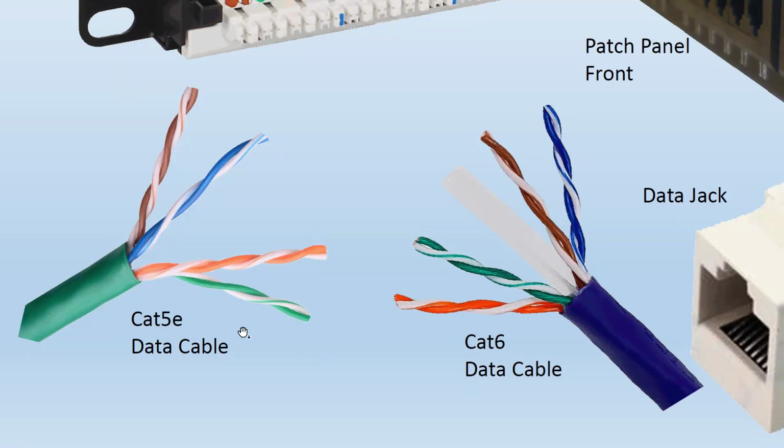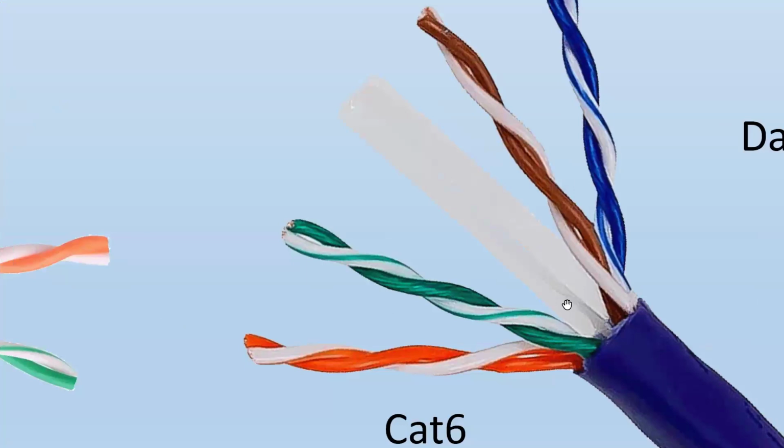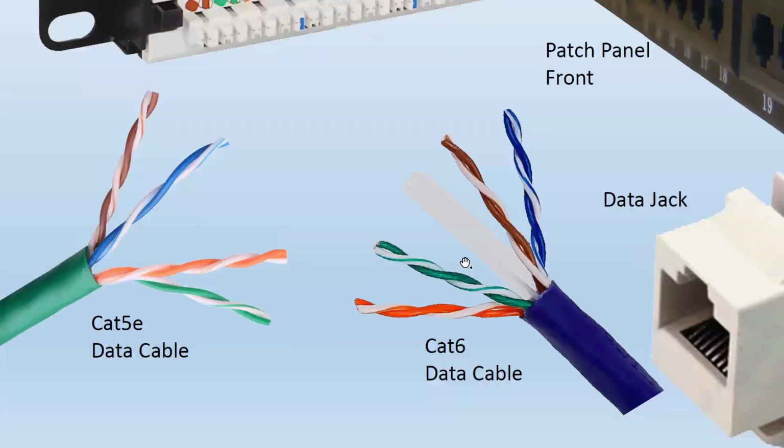Also, in order to eliminate the crosstalk more efficiently, Cat6 has a little bit more. First of all, the twist is tighter and more uniform. But Cat6 also has a plastic separator. It's just like a crisscross type of thing. It has a groove here, and a groove on the other side. And that separator, with its grooves, is also twisted as it goes along.